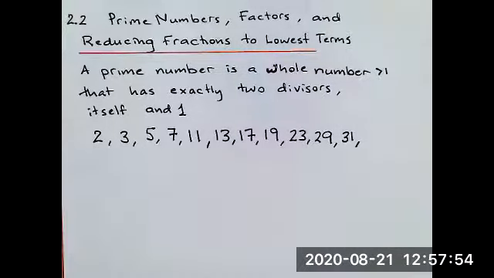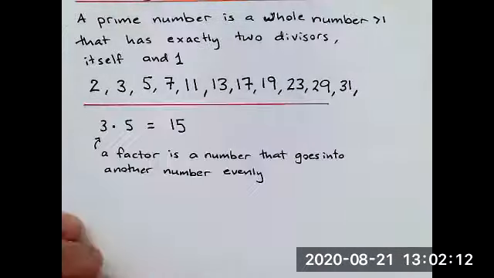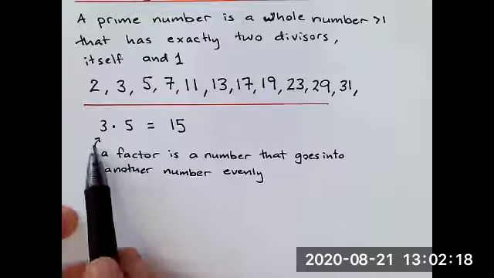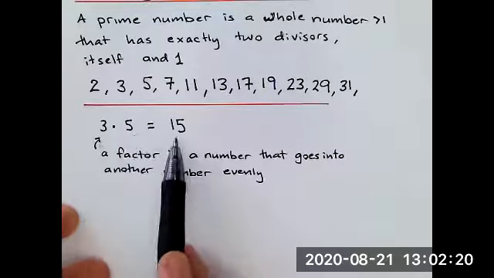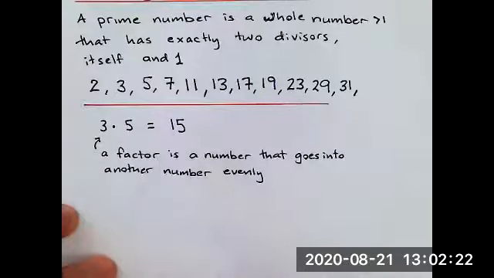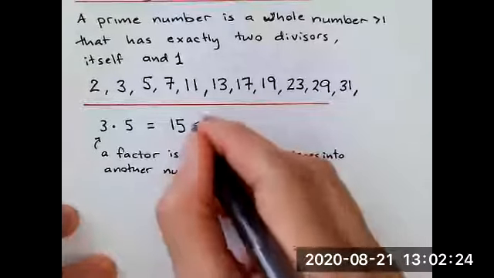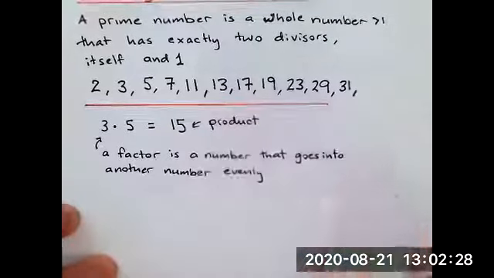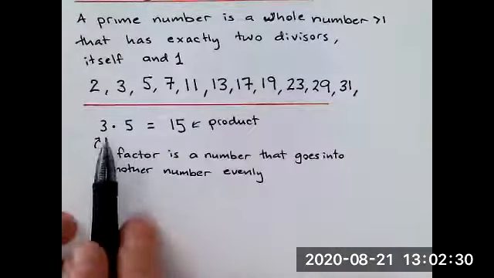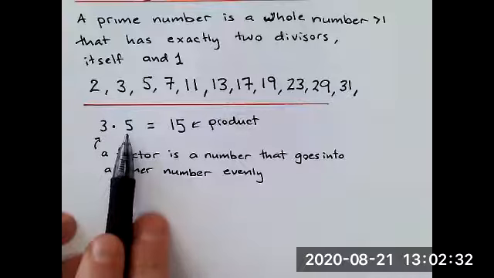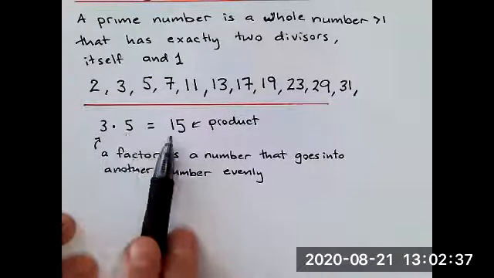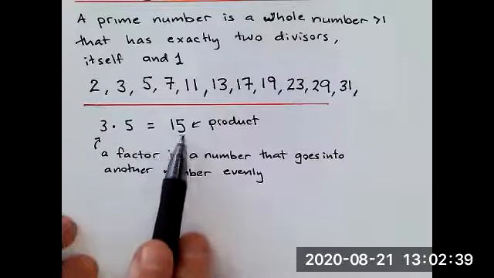Let's talk about vocabulary. You'll recall from before, factors are things that we multiply, and the result of the multiplication is the product. And since 3 is a prime and 5 is a prime, then 3 and 5 are the prime factors of 15.